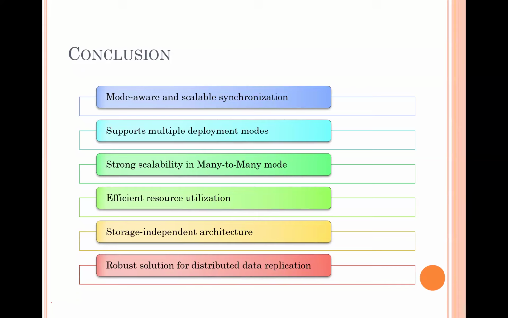The tool ensures efficient resource utilization and follows a storage-independent architecture, so it's not tied to any specific file system. Overall, multisync offers a robust solution for distributed data replication, making it reliable and practical for real-world deployments.